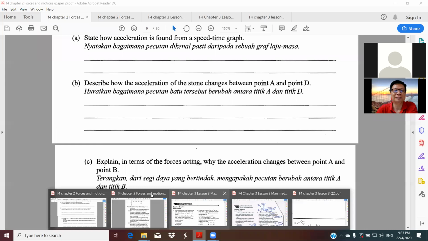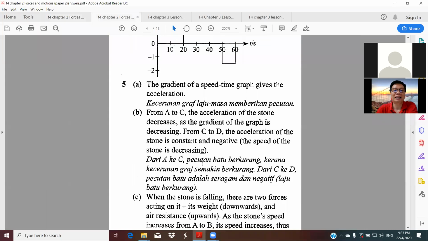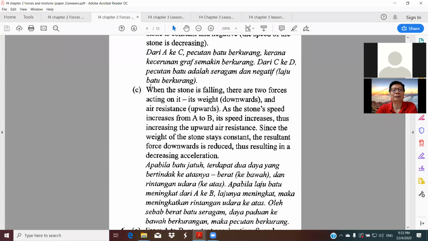Where is the answer? Here. When a stone is falling, there are two forces. Weight, just now Kian Leong said one. Weight is gravitational force, and air resistance. Before reaching the water, there is air resistance.